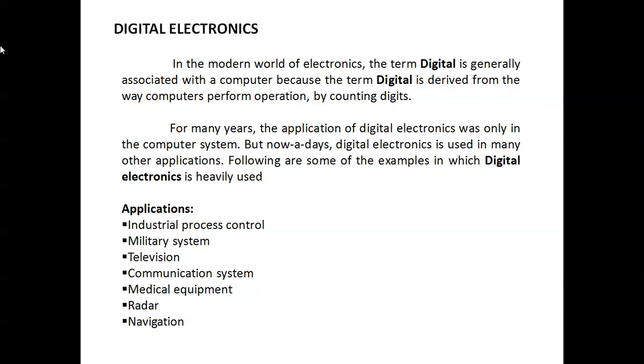But the problem is that the analog signal is good, but it's not very accurate. It is also not good for communication, because noise affects it easily. So that's why we are going to use digital electronics.